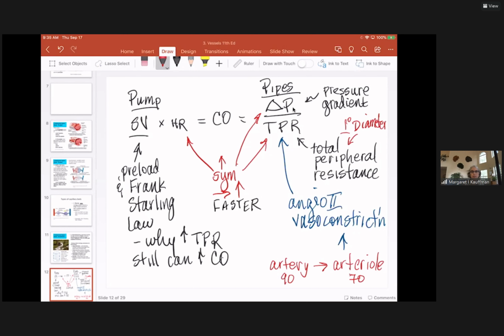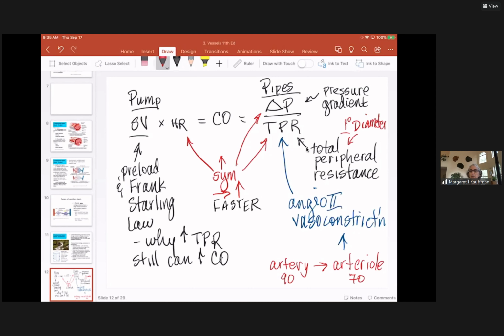Okay, so I'm not seeing anything, so I'm going to assume that makes sense, even if it's just mathematically. If I increase this, say, by doubling it, I have to more than double this in order to make that go up. Well, how does that happen? That happens because of the Frank-Starling law and preload.